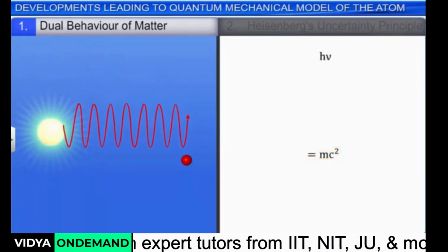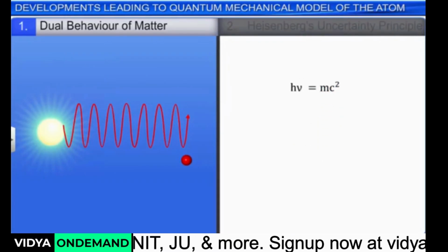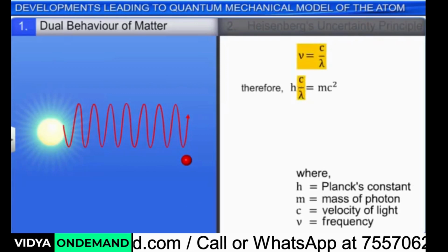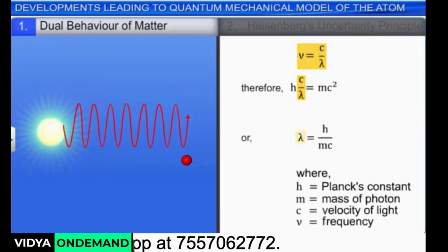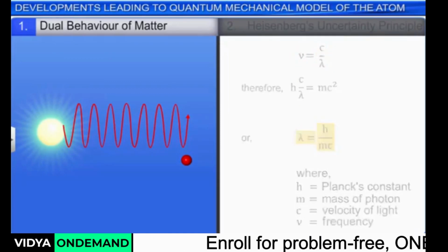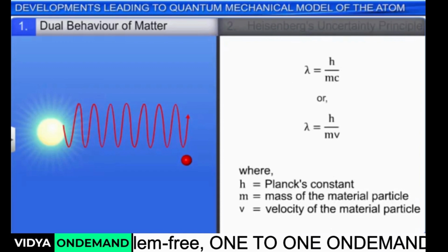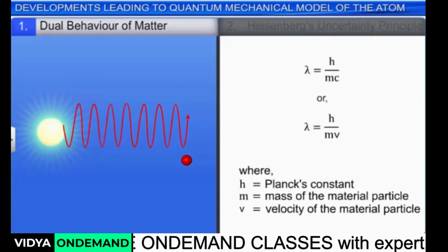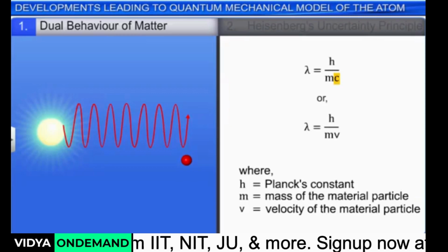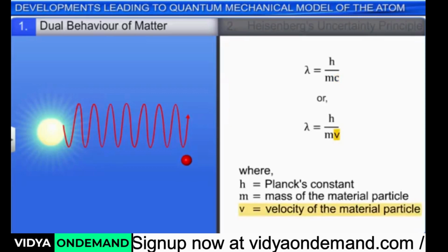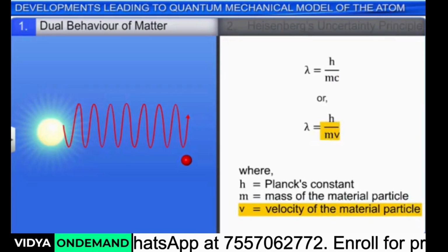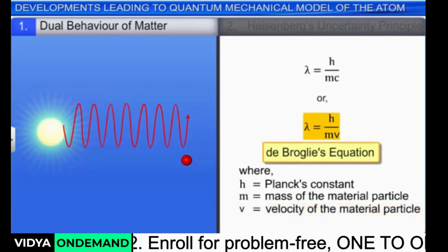By combining these two equations and replacing nu with c by lambda, we get lambda equals h divided by mc. To generalize the equation for any material particle, c, the velocity of light, is replaced with v, the velocity of the material particle. The resultant equation is called de Broglie's equation.